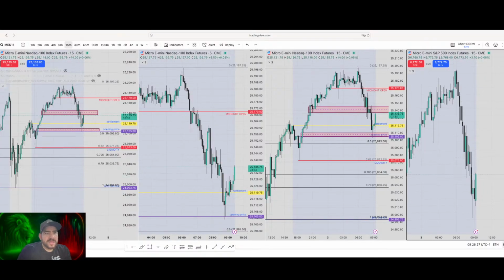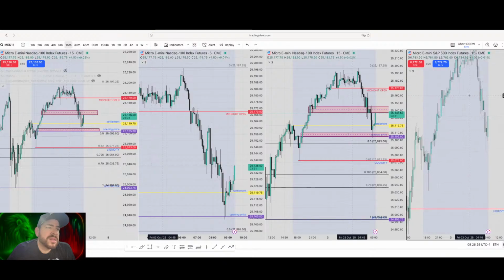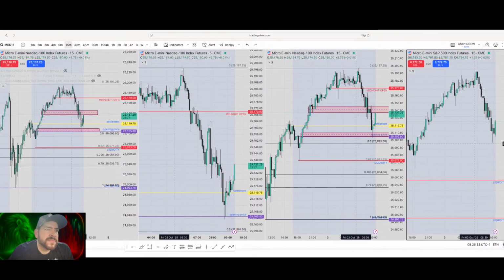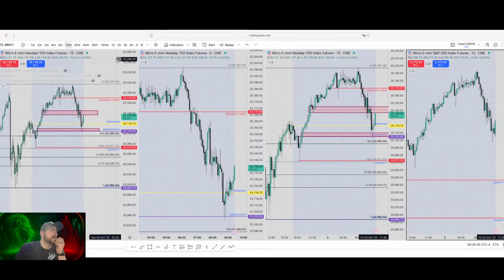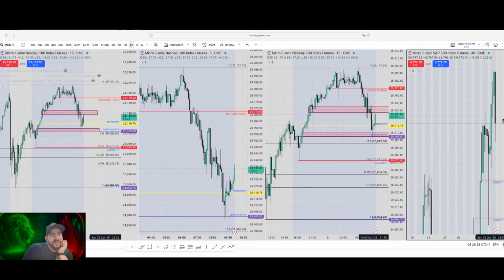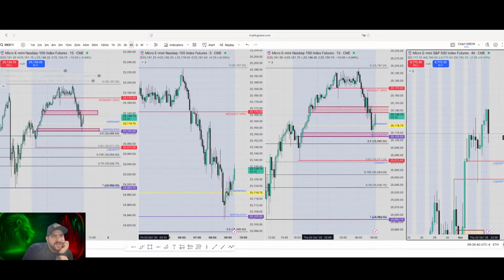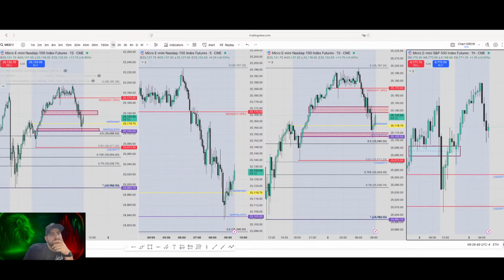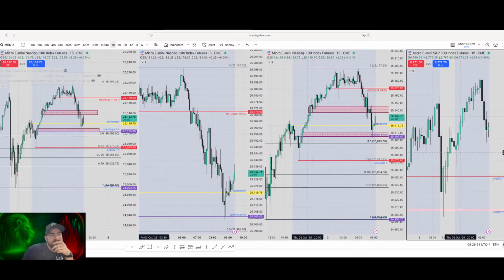Let's see the ES, how that looks over here. Let's look at this just real quick. We're not gonna mark too much, but on ES we're holding this little 4-hour here, and this little order block as well, 1-hour.